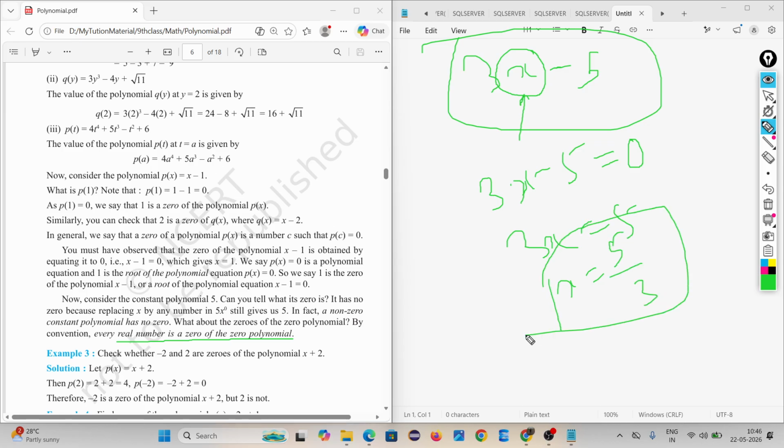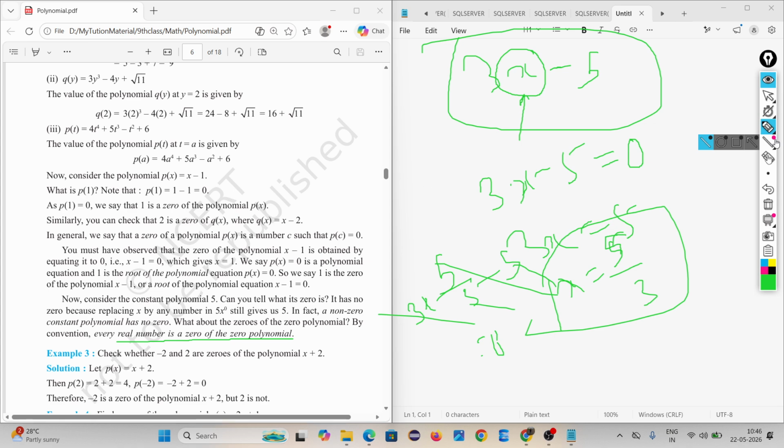If you put 5 by 3 in this equation, 3 into 5 by 3 minus 5 becomes 0. This 5 by 3 is nothing but the zero or root of the polynomial.